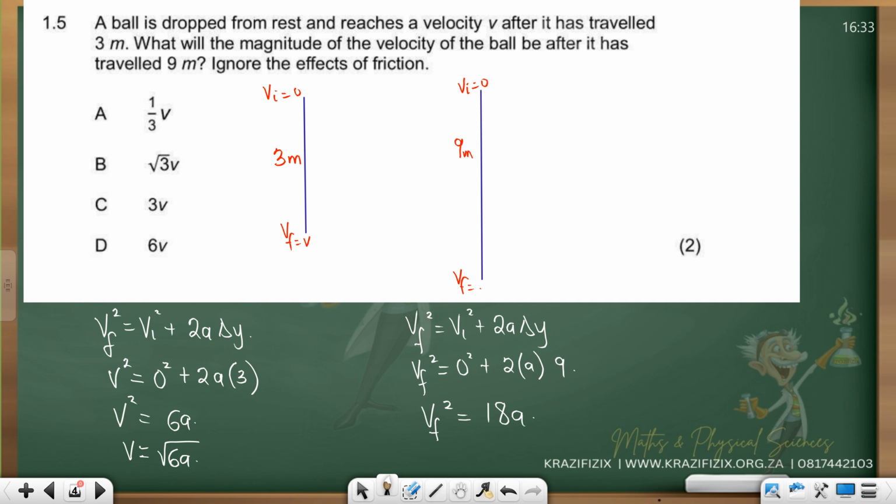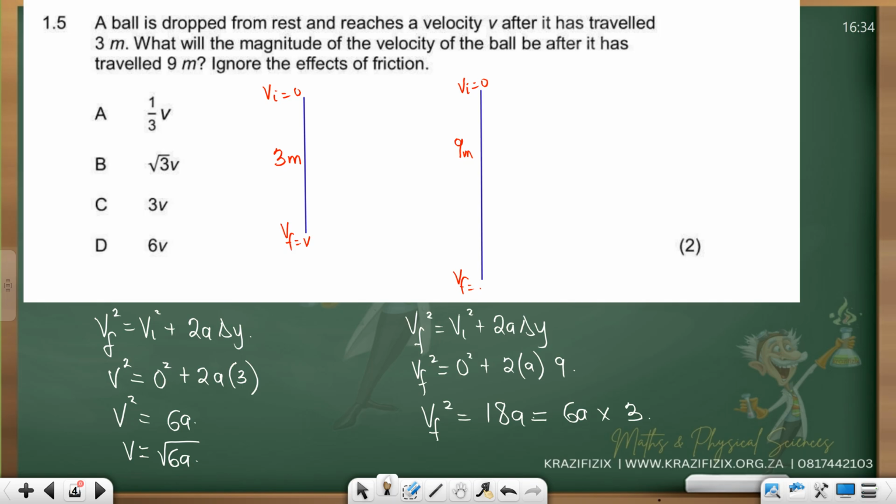All right, this is where it gets interesting. I need to write the first one and the second one to look like something that we know. We are looking for our final velocity. All right, I see something. Now look at this 18A. This 18A can be written as 6A times 3.